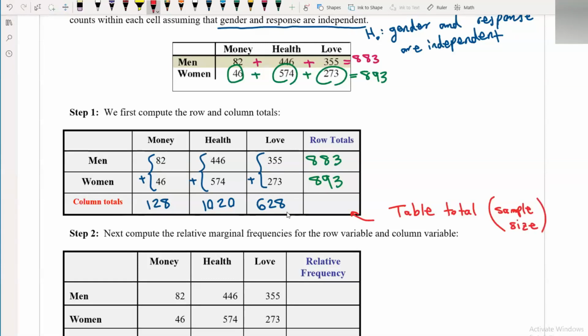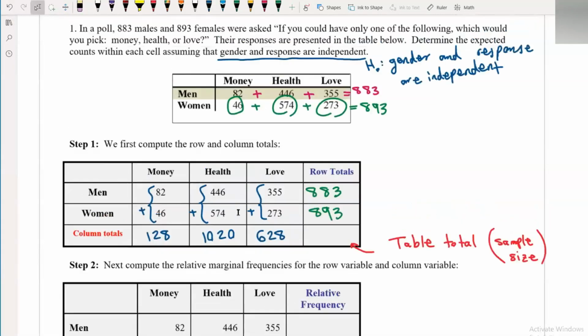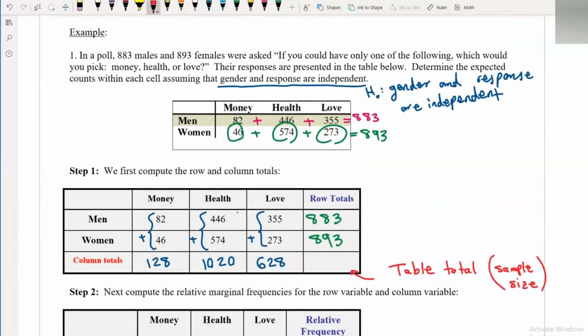We already know what our sample size is based on what is given on top. Our sample size is equal to 883 plus 893, so that is 1,776.